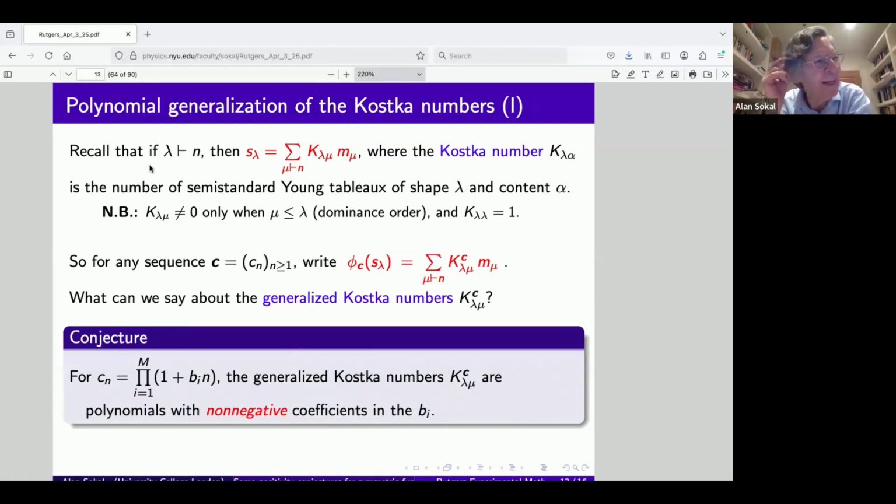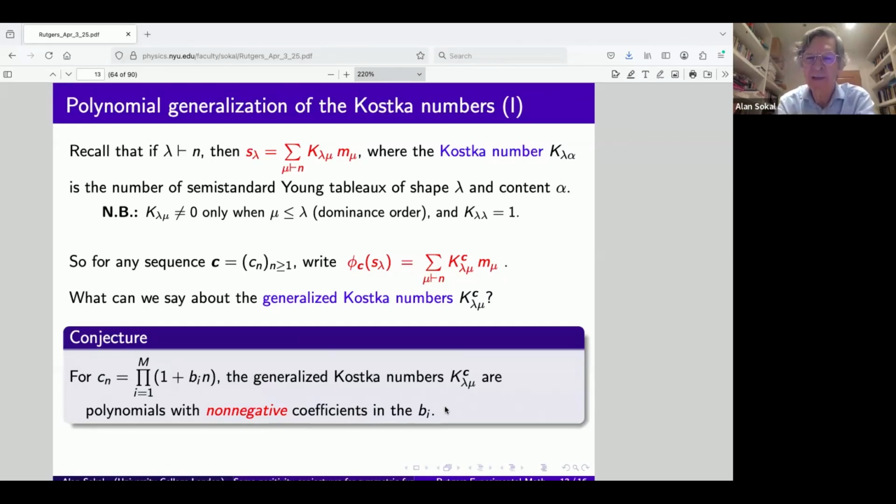Well, I have to actually, it would certainly prove the conjecture about the Laguerre composition. I think it would also prove the ones about Hadamard product, but I actually would have to think about that. But anyway, this is the big conjecture that we're aiming to prove, that these generalized Kostka numbers are polynomials with non-negative coefficients in the B_i's.